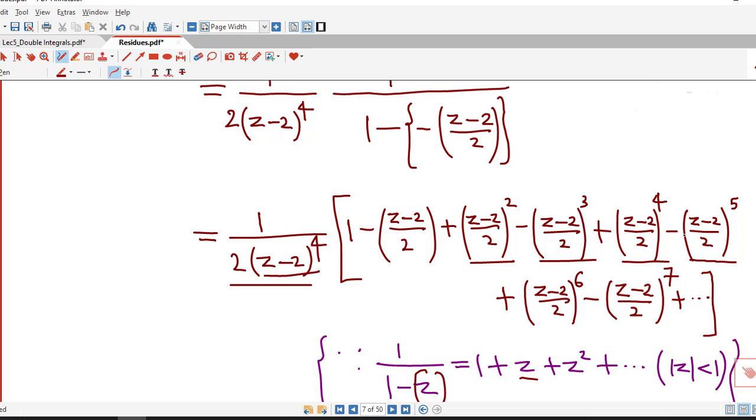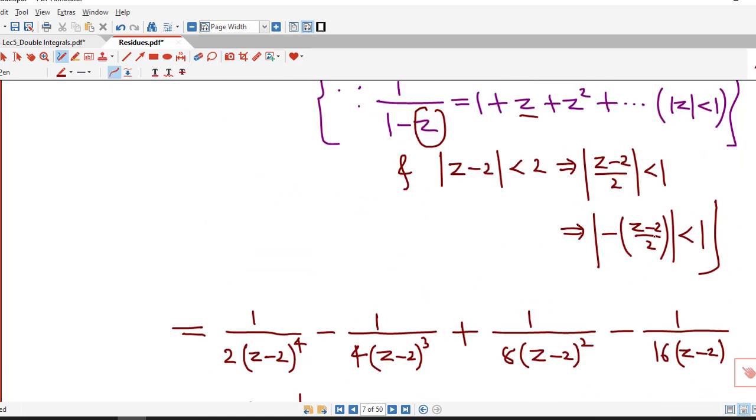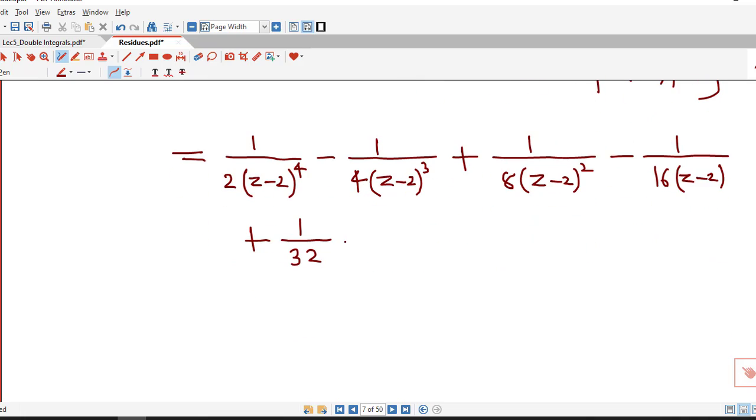Then negative of, here z minus 2 raised to 4 will cancel out, so we have negative of z minus 2 divided by 32 into 2, so that is negative of z minus 2 divided by 64.